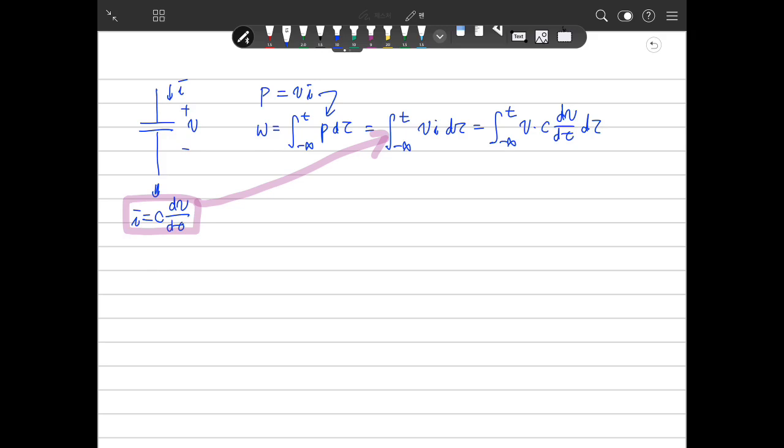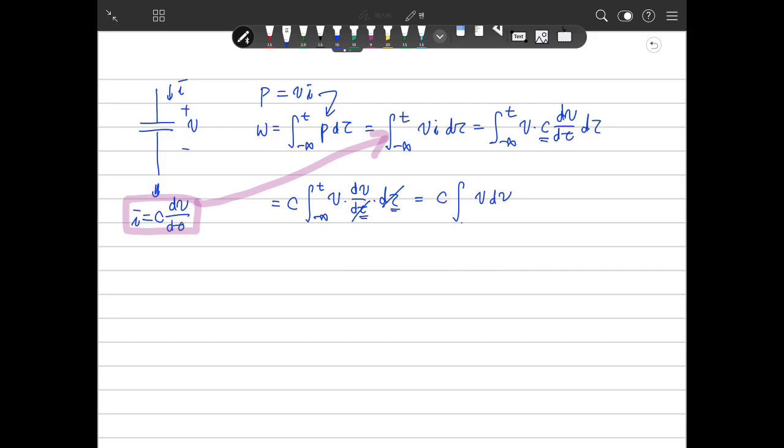Because we assume C is constant, there will be C times the integral from minus infinity to t of v dv/dt d tau. Because t is time, you can eliminate dt and see v dv.